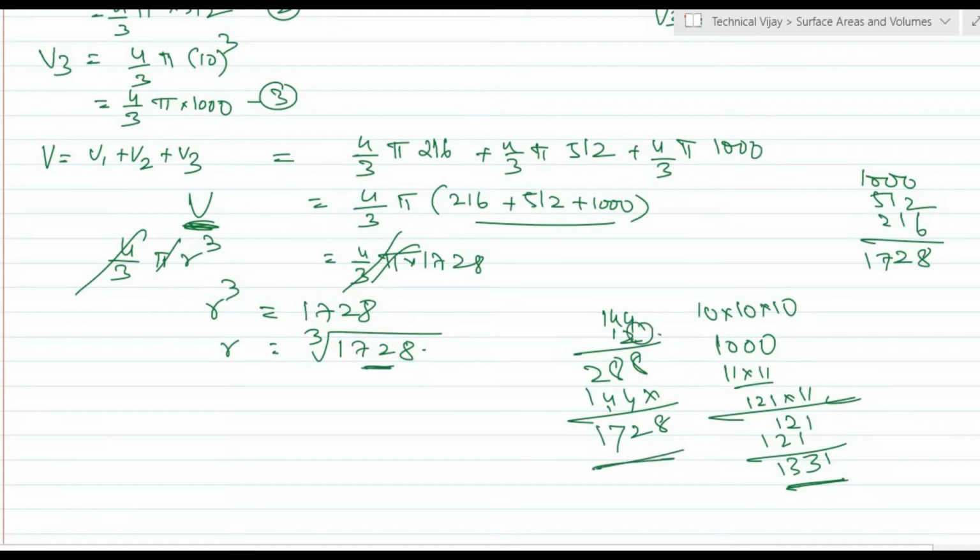So 12 cube is 1728. So r is equal to 12, because 12 into 12 into 12 is equal to 1728. That is, the cube root of 1728 is equal to 12.